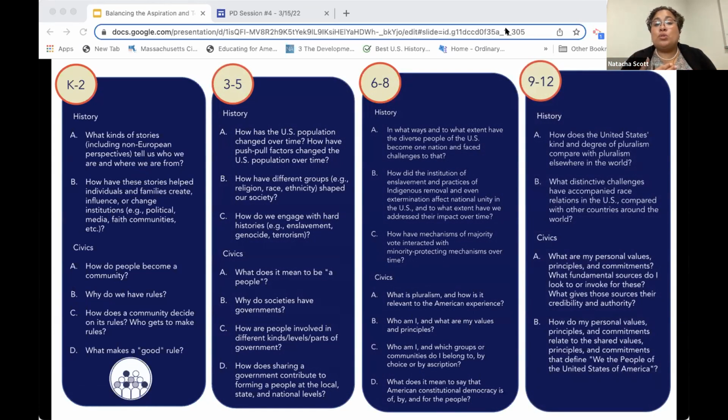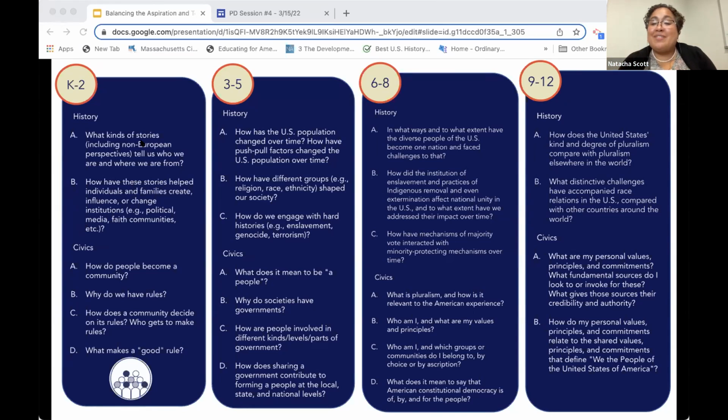How have push and pull factors shaped the US population over time and caused some challenges and some areas of success? We see that push and pull factor, and then we start getting into some of the hard histories, starting these conversations in the lower grades so that our students have a foundation of understanding as they progress up through 6-8 and 9-12.